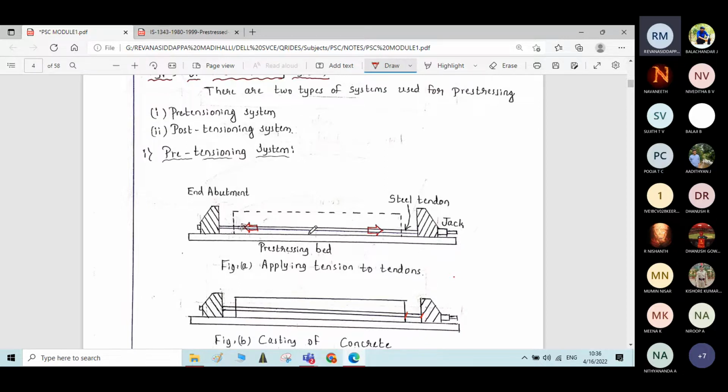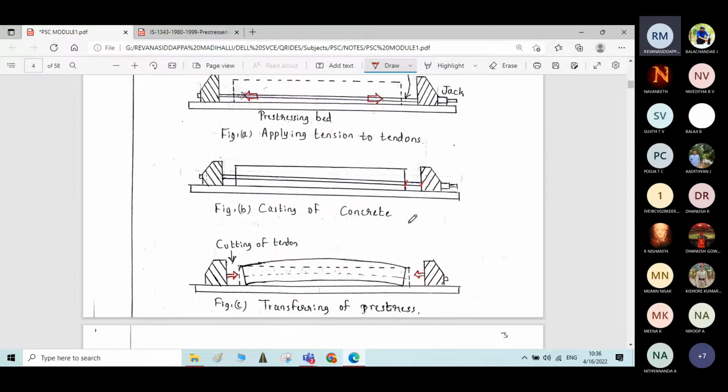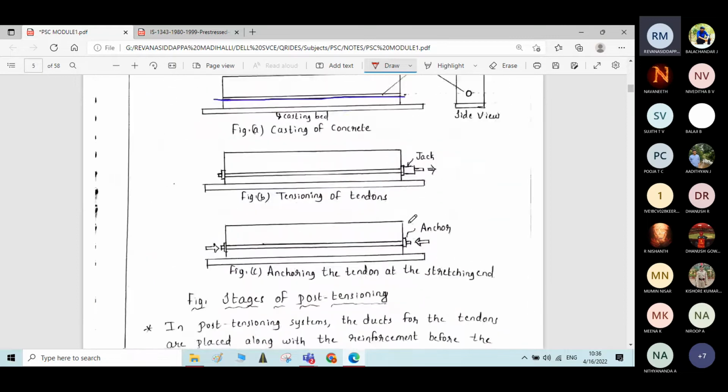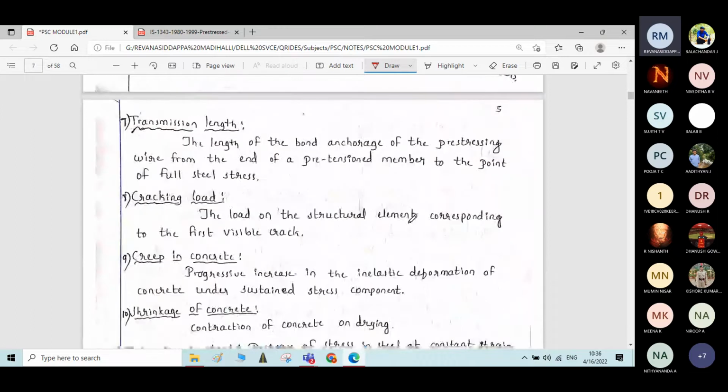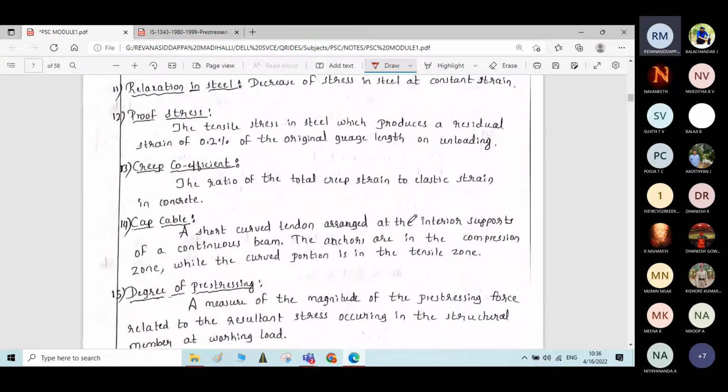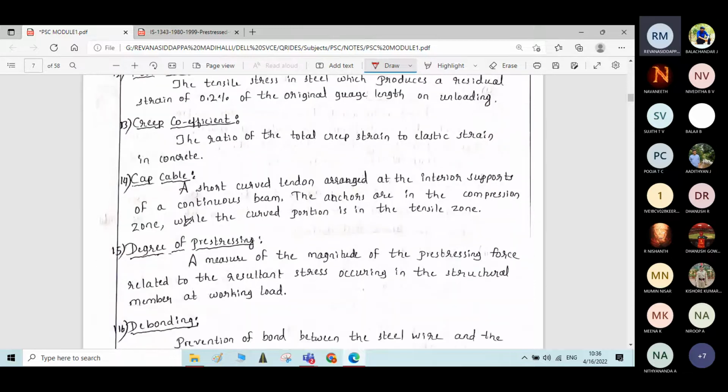Depending upon the bending moment of the beam or girder, we will choose a suitable cable profile, and to that cable profile the prestressing will be introduced. The curved profiled tendons are called cap cable. I will be discussing this in detail in the next topics.